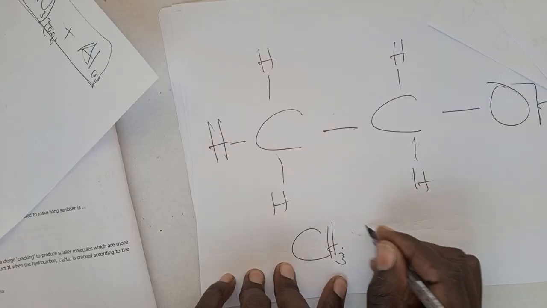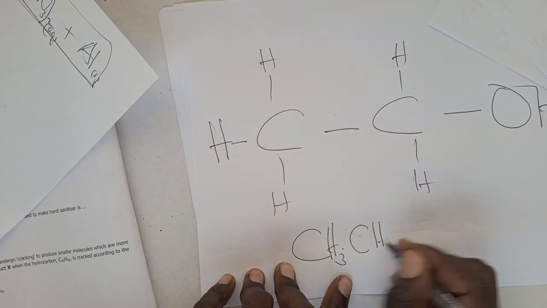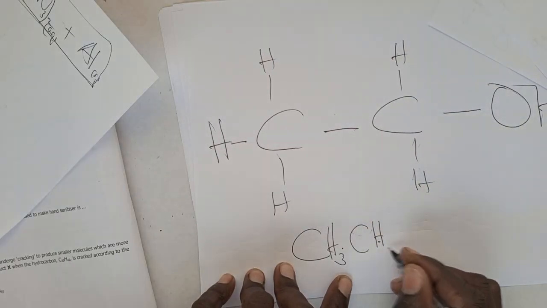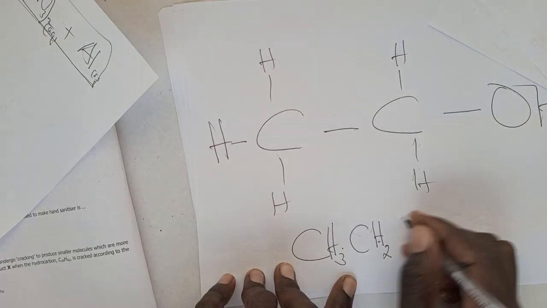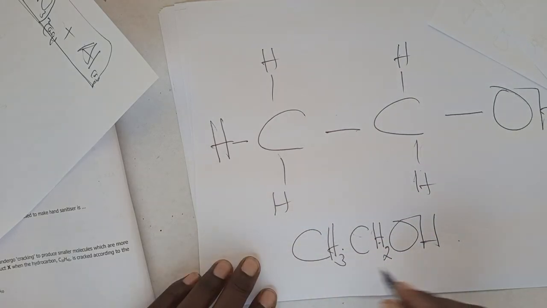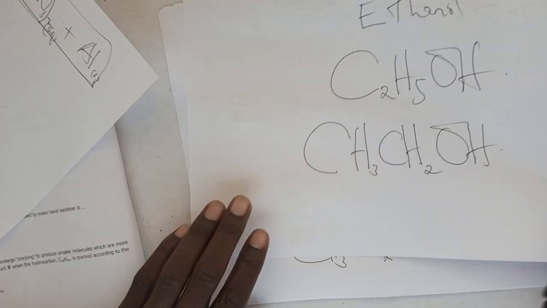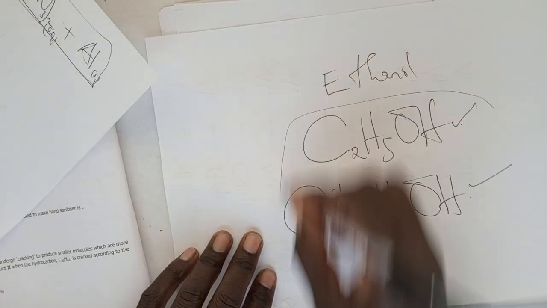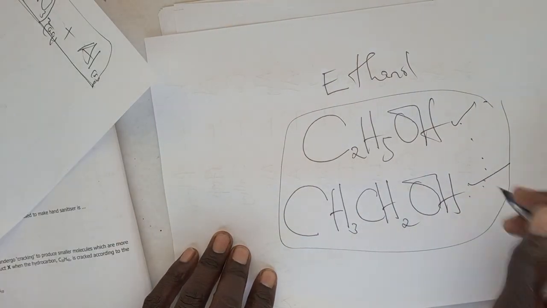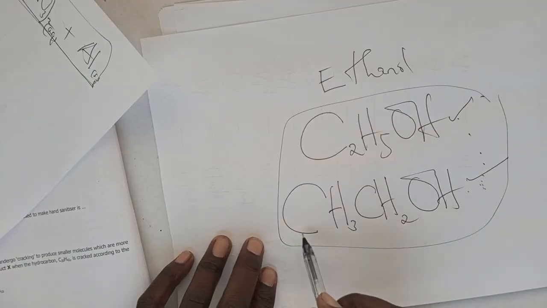Again, you write this carbon with the 2 hydrogen atoms plus the hydroxyl functional group there, like this. So if you find these 2, this one and this one, it's one and the same. Please don't get confused.